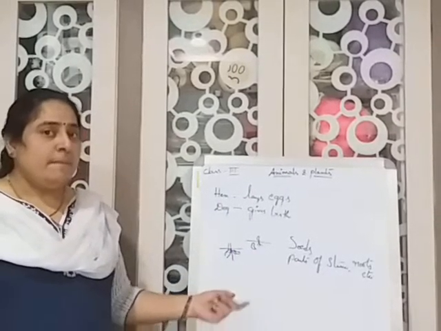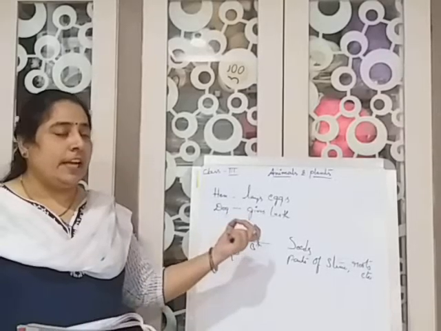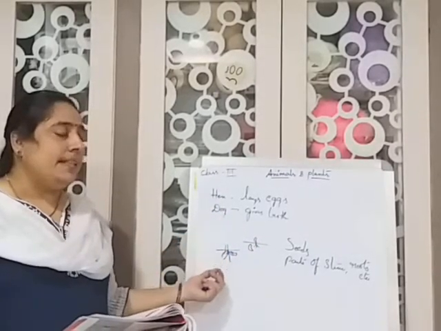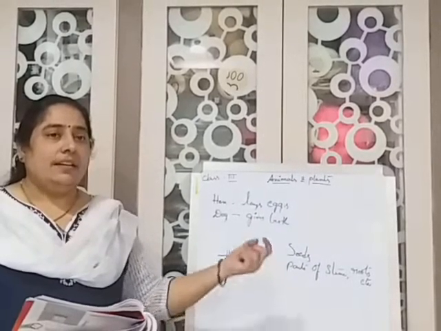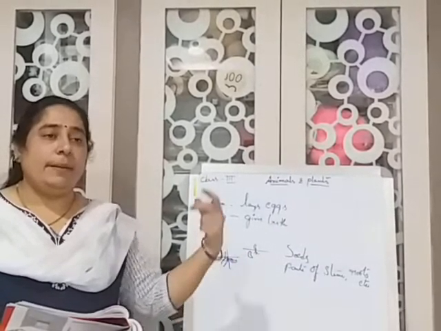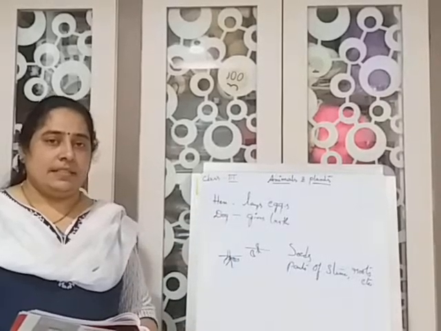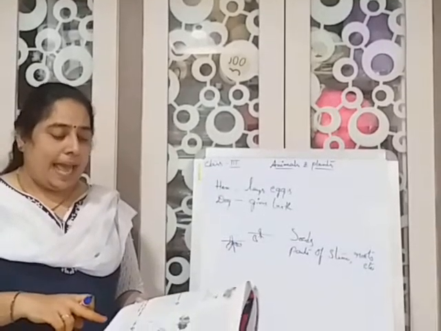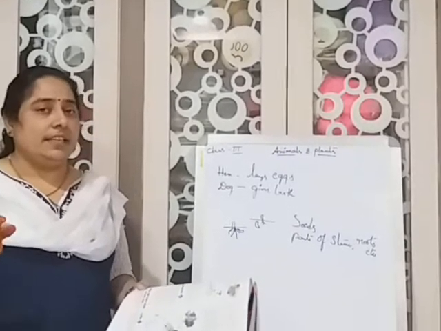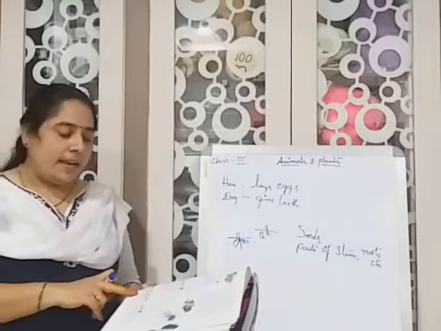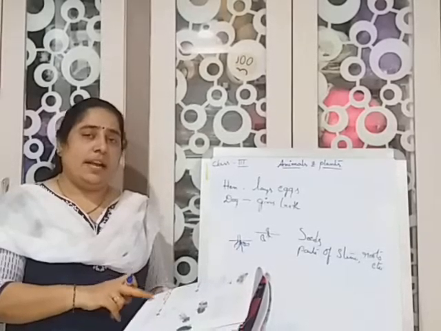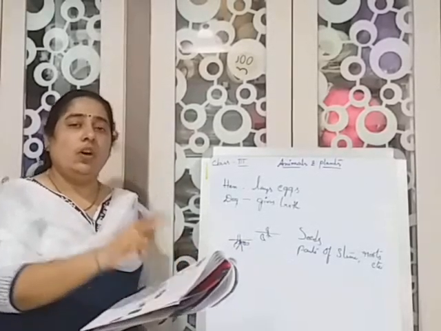In that way, some animals depend upon plants and some other animals depend upon other animals, like tigers and lions. Though animals and plants are different from each other, they depend on each other to live.